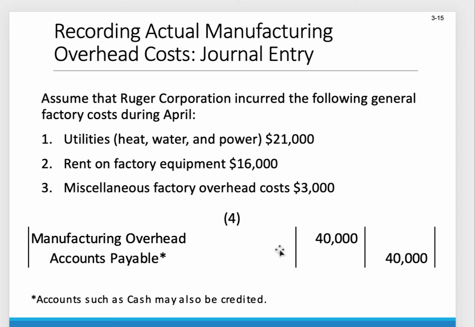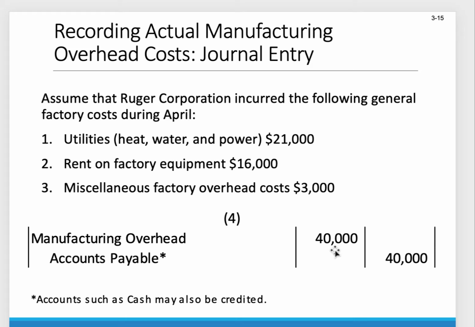Well, we're going to debit, which we see here, $40,000. Incidentally, this $40,000 is the sum of the 21, the 16, and the 3, in case you're wondering where we got that from. Then we're going to credit accounts payable. For right now, we're just going to say accounts payable. In actuality, other accounts are going to be credited, such as, if we pay cash, we could credit the cash account.